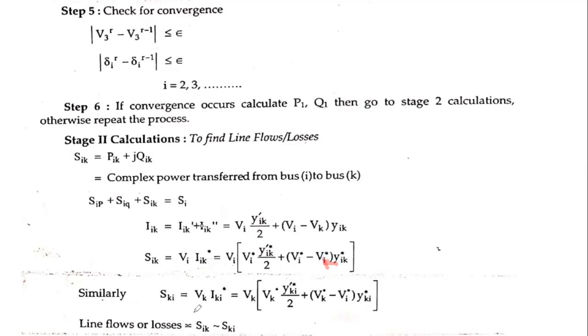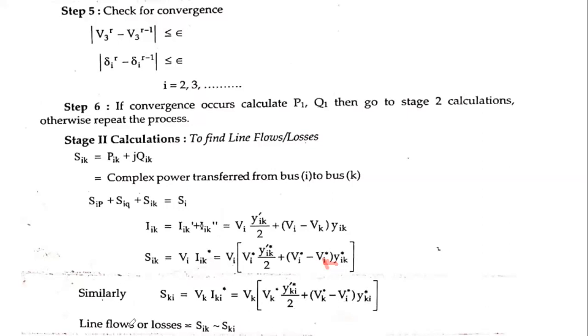Next, Ski. Similarly, Ski is equal to Vk into Iki conjugate, which is equal to Vk into Vk conjugate into Yki dash conjugate by 2, plus (Vk conjugate minus Vi conjugate) into Yki conjugate.